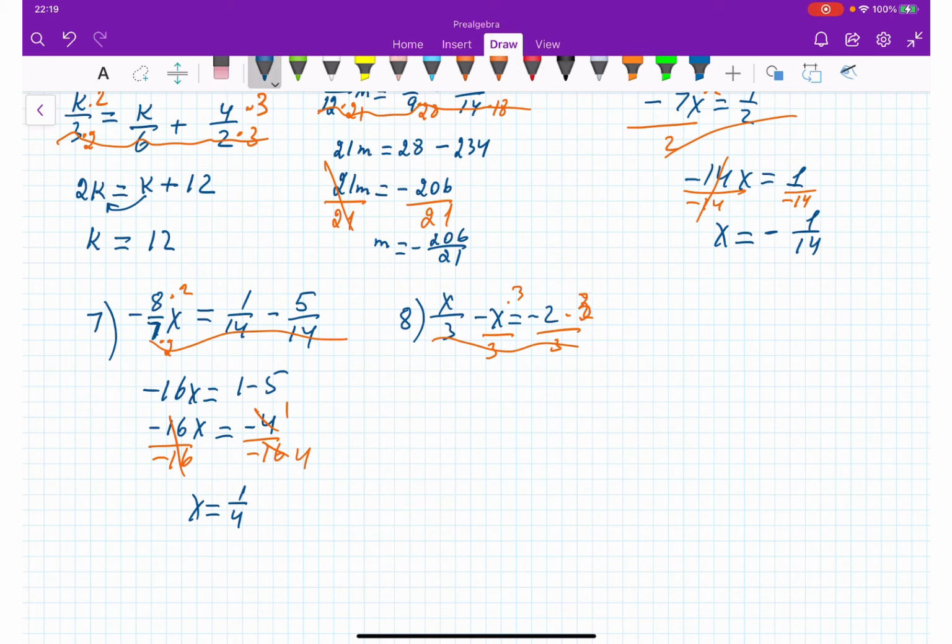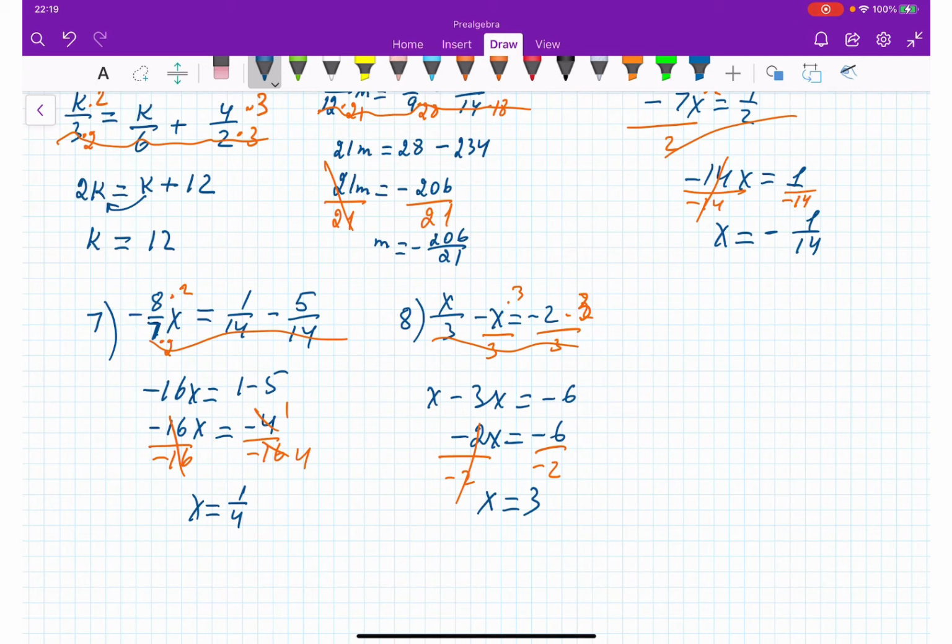So result is x minus 3x equal to negative 6. So we get negative 2x is equal to negative 6. Dividing by negative 2, and x is equal to positive 3. Okay.